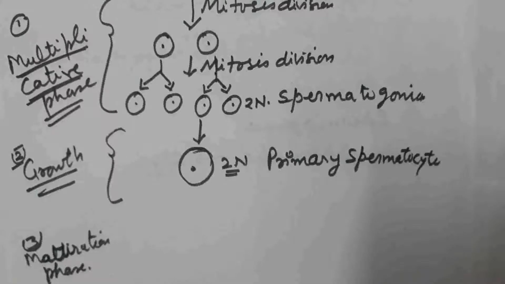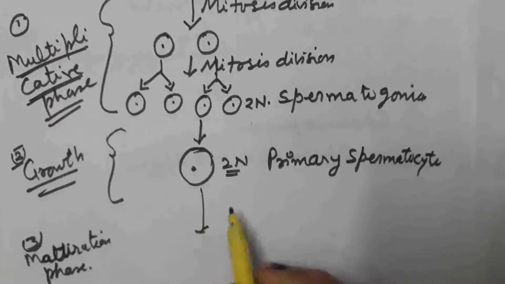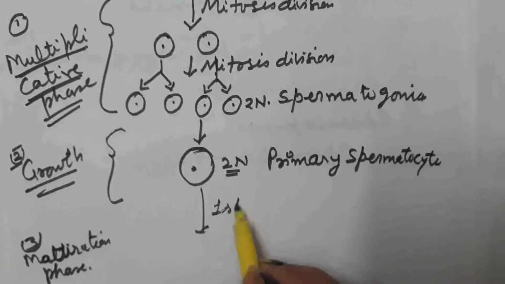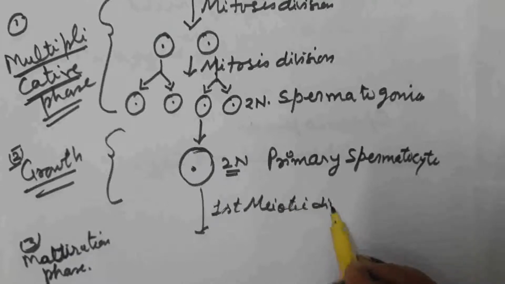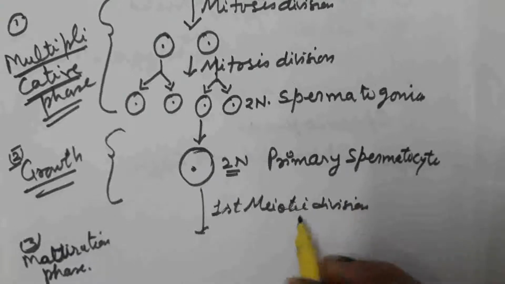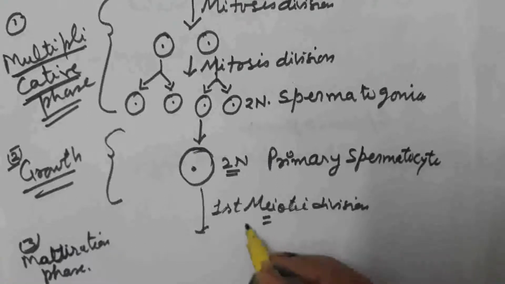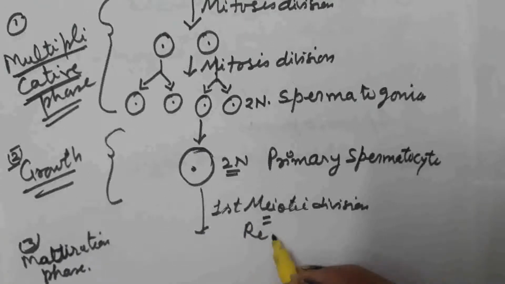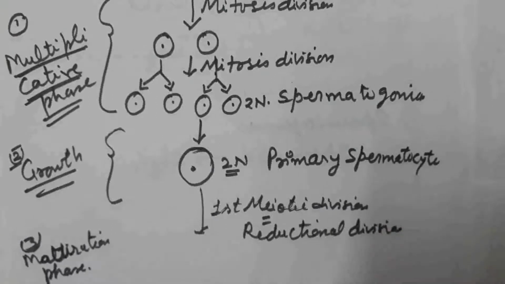Meiosis division takes place. In the primary spermatocyte, the first meiotic division takes place. The first meiotic division is the reductional division, that is meiosis 1, which reduces the chromosome number to half.